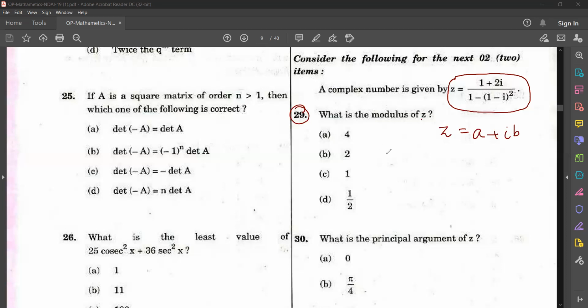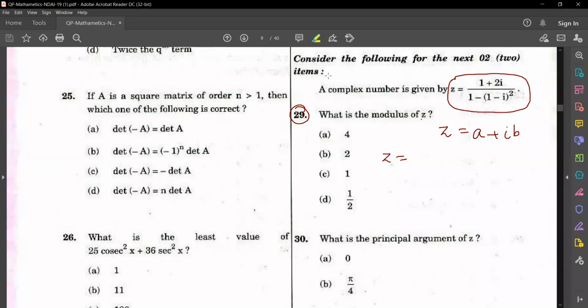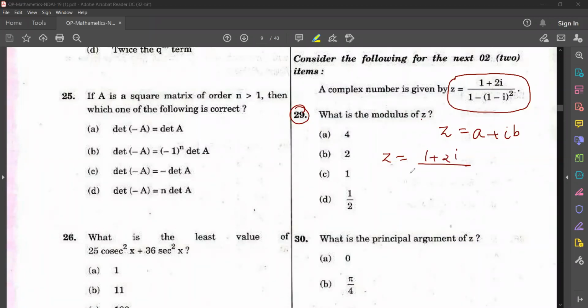So here they have given z is equal to (1 plus 2i) by (1 minus i) the whole square. So I am going to apply (a minus b) the whole square, which is a square minus 2ab plus b square.